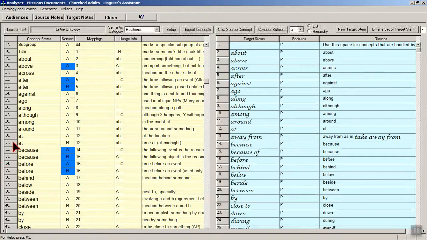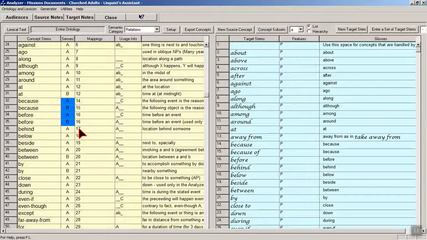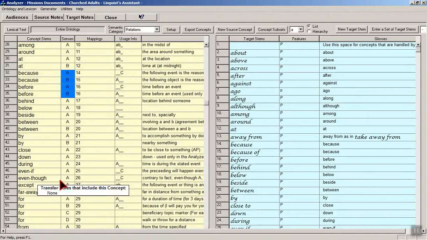There are other forms of because that are kind of similar, but slightly different. There's although. Although something happened, another thing will happen. So that's expressing something that you wouldn't expect the other thing to happen if the first thing happens. Another one very similar to that is even though.